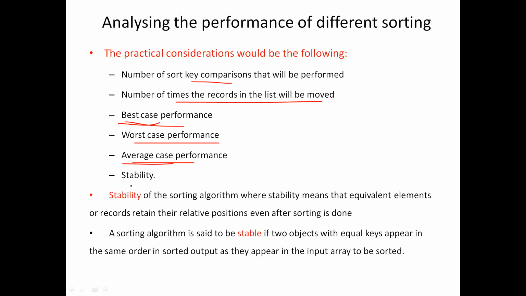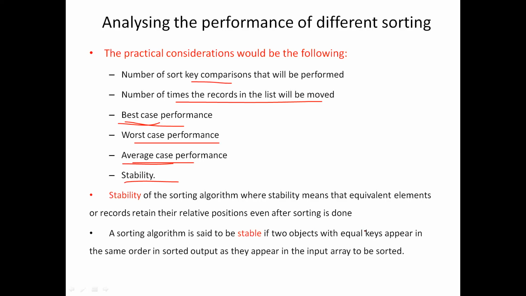Okay, next, stability. This is one of the practical things we have to consider when analyzing a sorting algorithm. Stability of a sorting algorithm means that equivalent elements or records retain their relative position even after sorting is done.